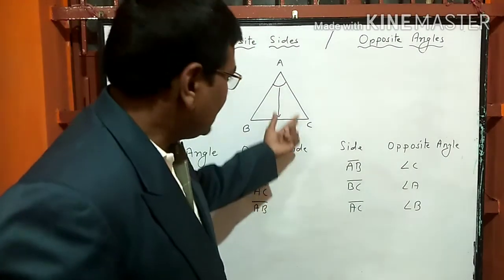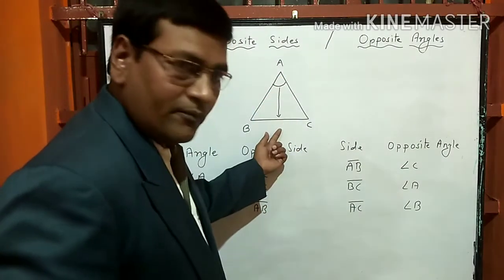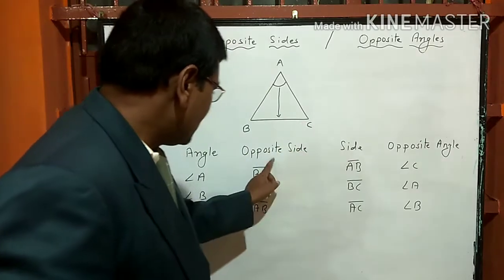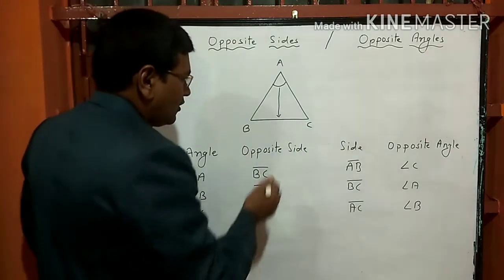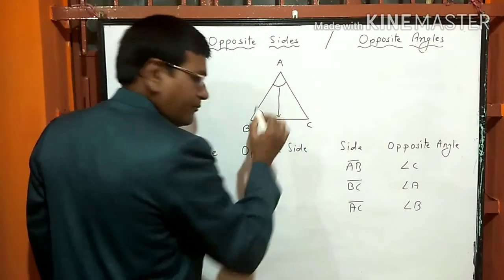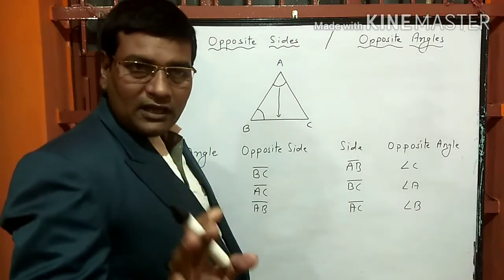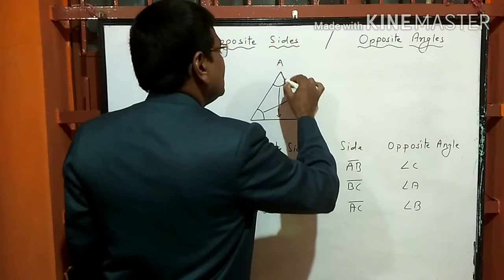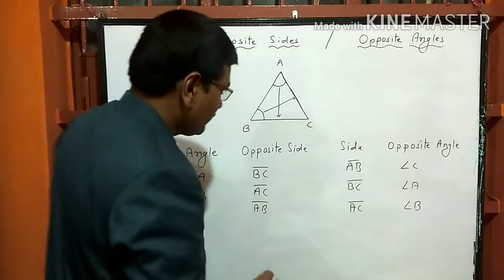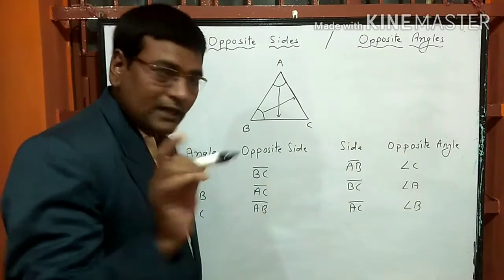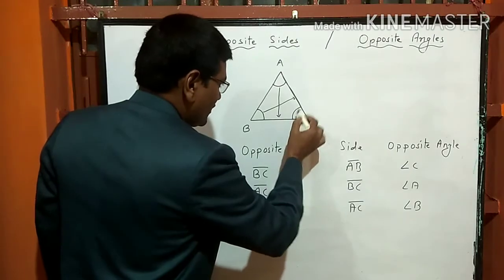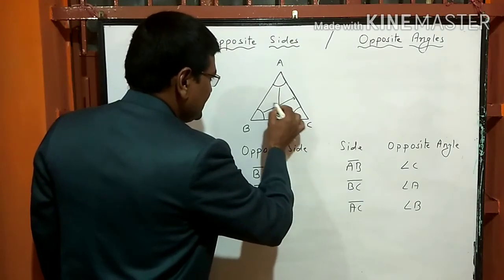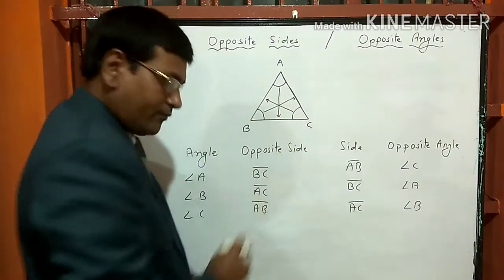Side BC is in front of angle A, so BC is the opposite side of angle A. Now, if you are taking angle B, its opposite side is side AC. And if you are taking angle C, its opposite side is AB.